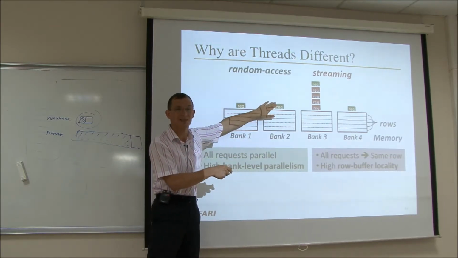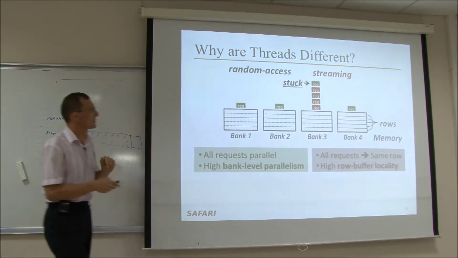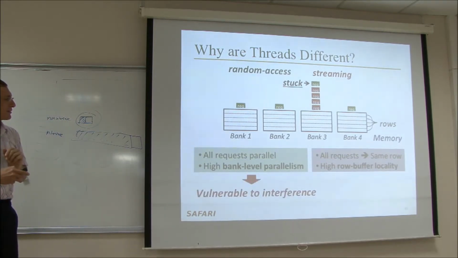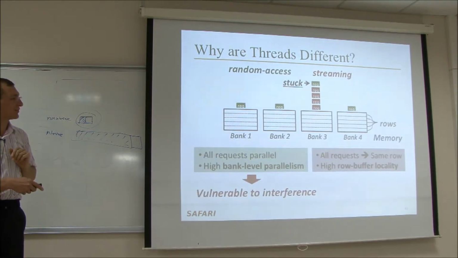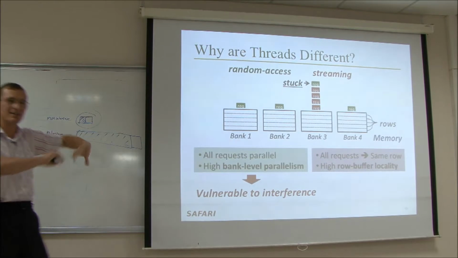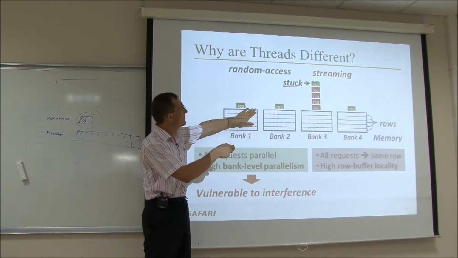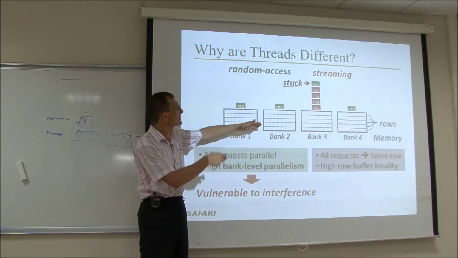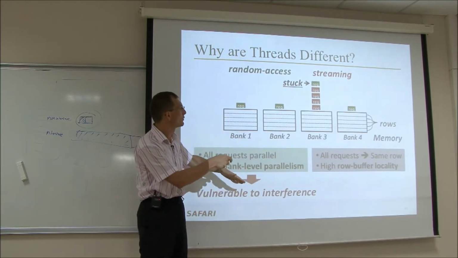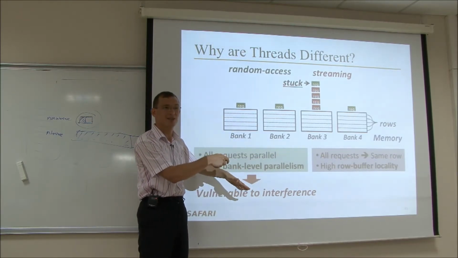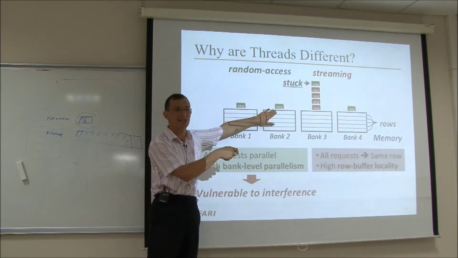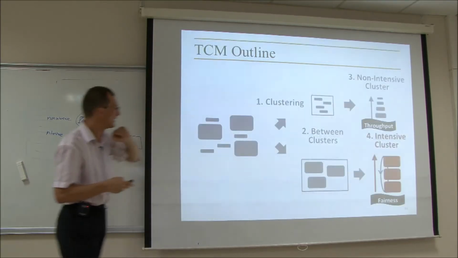So it gets stuck, basically, which means that it is much more vulnerable to interference. And if you do the other animation where you prioritize the green one, the random access thread gets out of the way of the streaming thread very quickly, right? Because there's only one request to bank 3. So it's much better to prioritize the random access thread over the streaming thread. So that's what we're going to try to do in our shuffling.